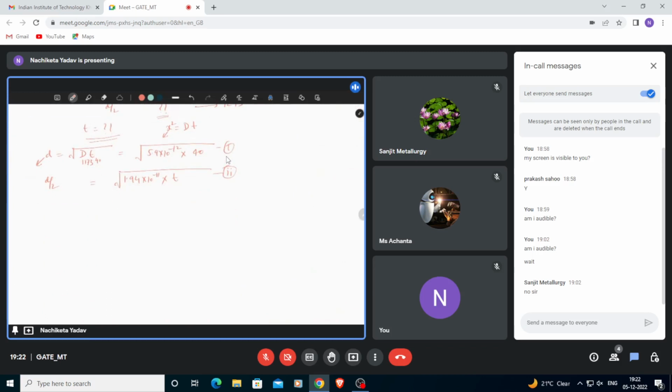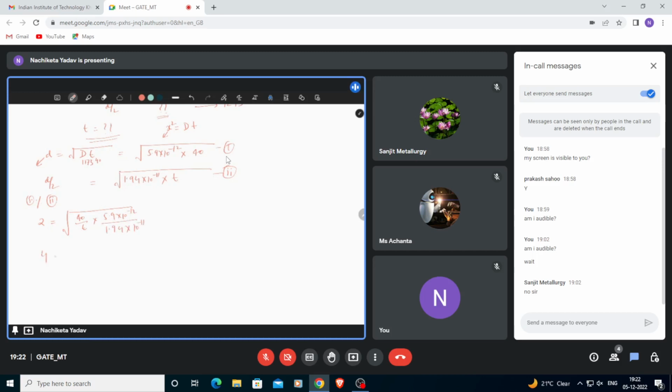If we take 1 by 2, if we divide, what will we get? 2 equals 40 by t into 5.9 into 10 to the power minus 12 divided by 1.94 into 10 to the power minus 11.